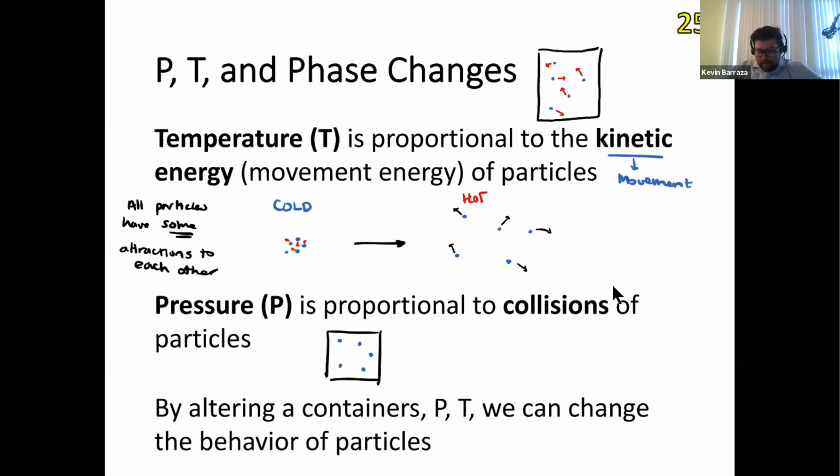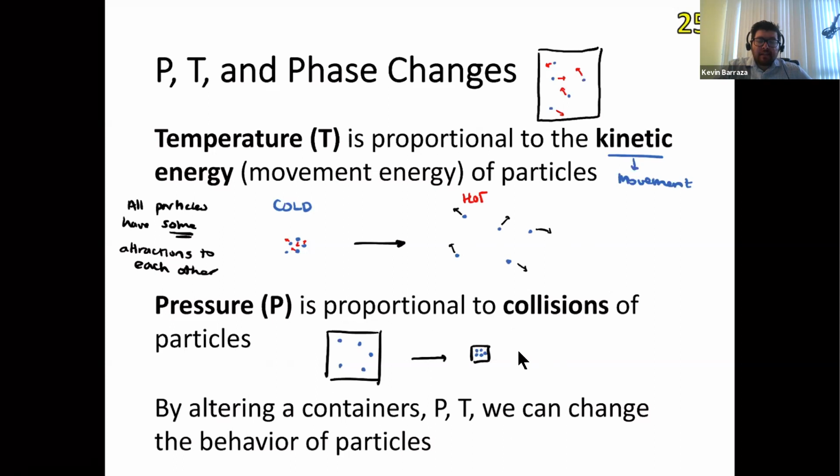But if all of a sudden I make the box really tiny, even though these particles want to be far apart, we physically make them close together. So there are actually two ways that we can turn one phase of matter into another. We can change the temperature, which makes them move at a different speed, or we can change what we call the pressure. It's the push down on this substance, and we say it's proportional to the collisions of the particles.